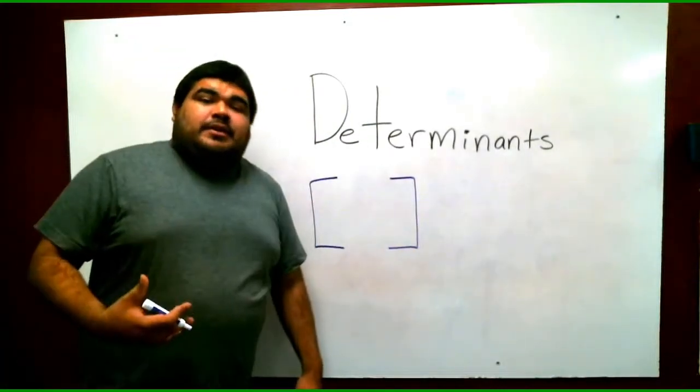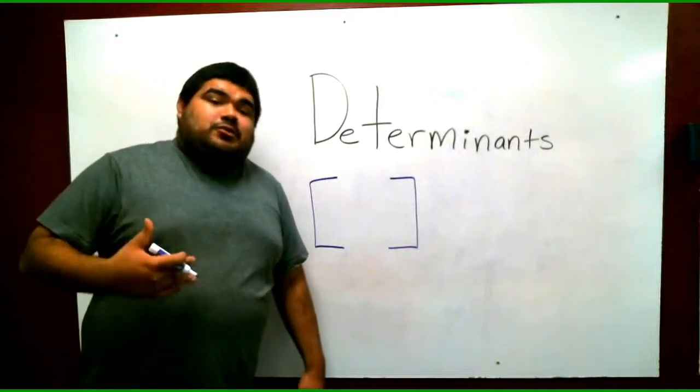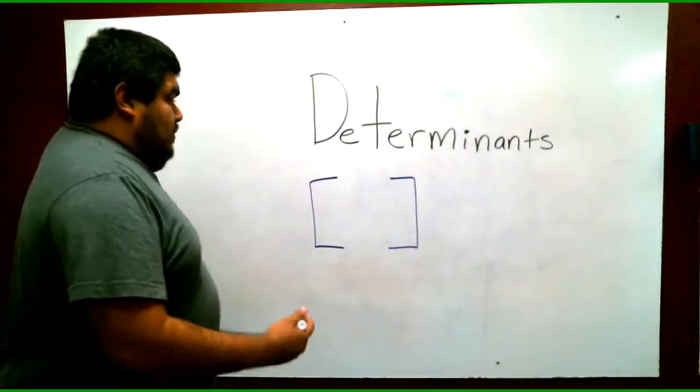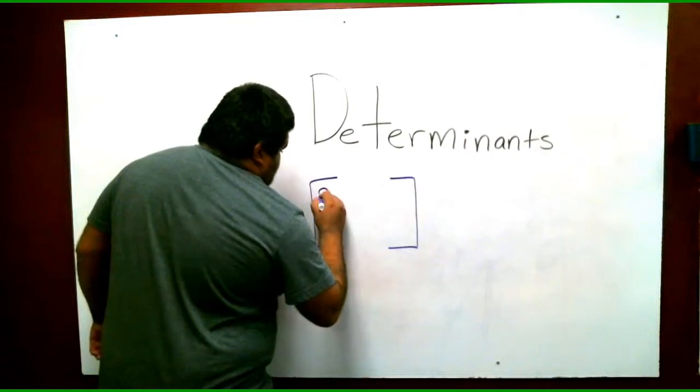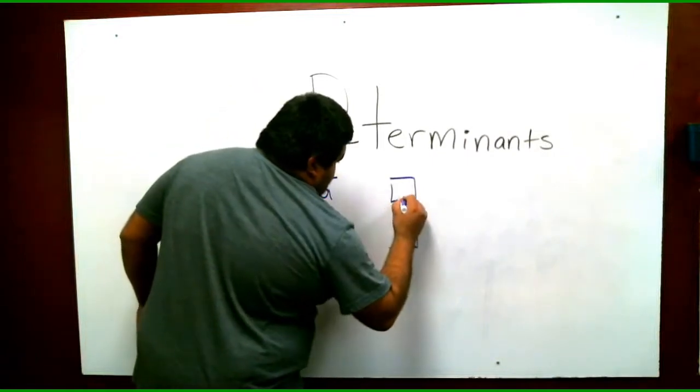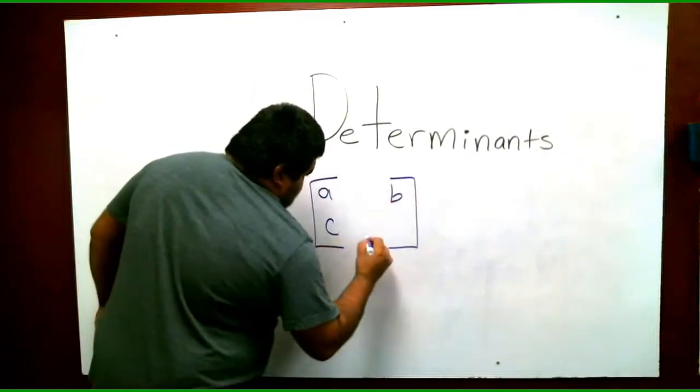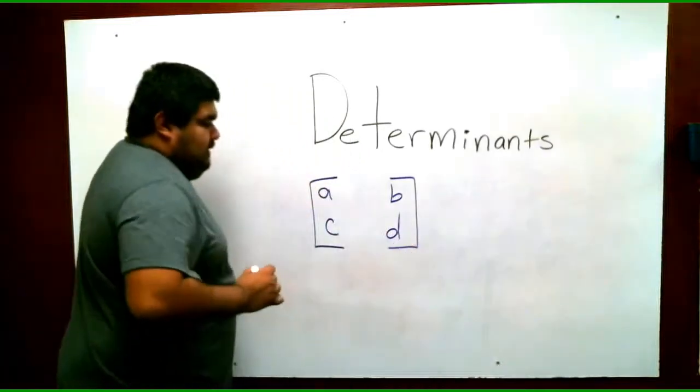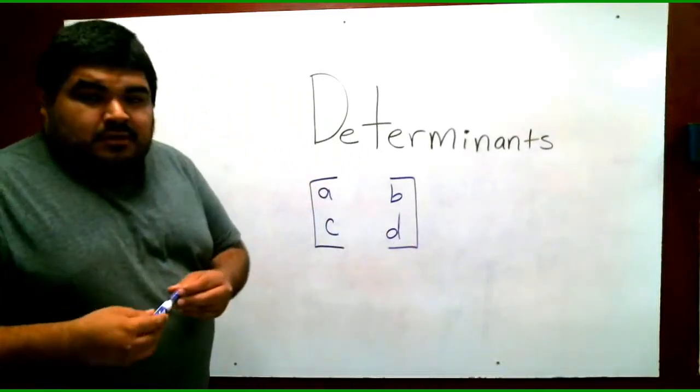Always label. The way you label a 2 by 2 matrix is we always have A, B, C, and D.